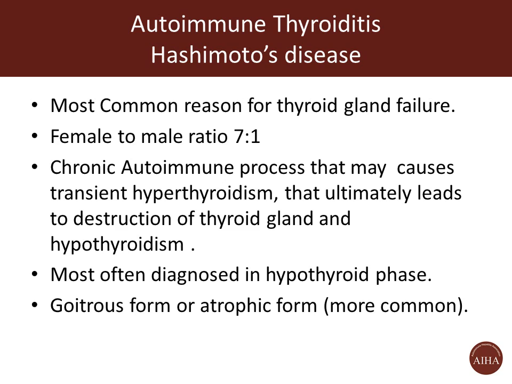The chronic autoimmune process may sometimes cause a little transient hyperthyroidism, but ultimately will lead to hypothyroidism, where there's a need to treat with thyroid hormone replacement. Most of the time, Hashimoto's disease is diagnosed at the end of the disease process where the patient is already hypothyroid. Sometimes patients with Hashimoto's disease present with a goiter, an enlargement of the gland, but most of the time the gland is atrophic or small, so it doesn't cause symptoms locally.